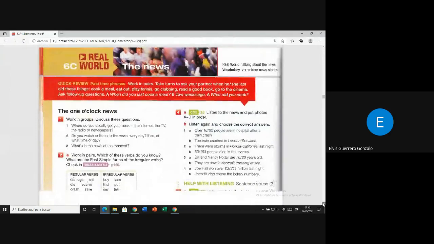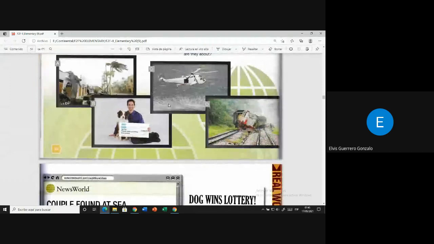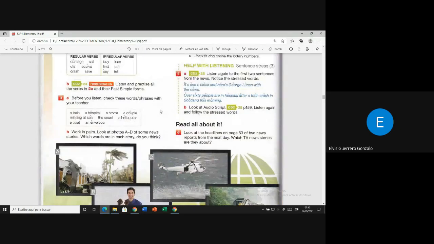Yes, last week we discussed these different news, right? This is a train crash, a couple who is missing at sea, a man who won the lottery, and then a storm in Florida, I think. Yes, we read 4 news.